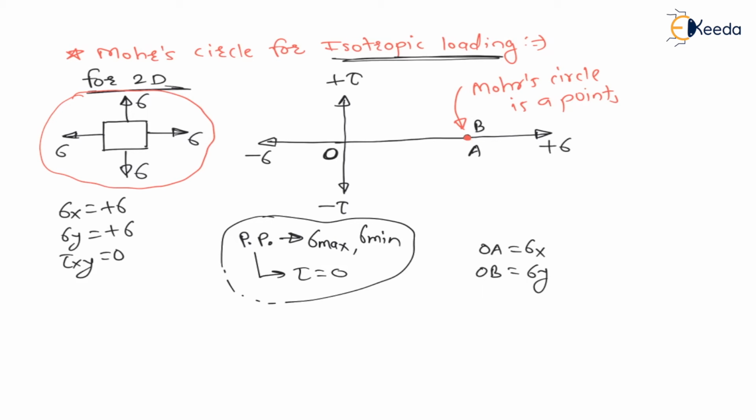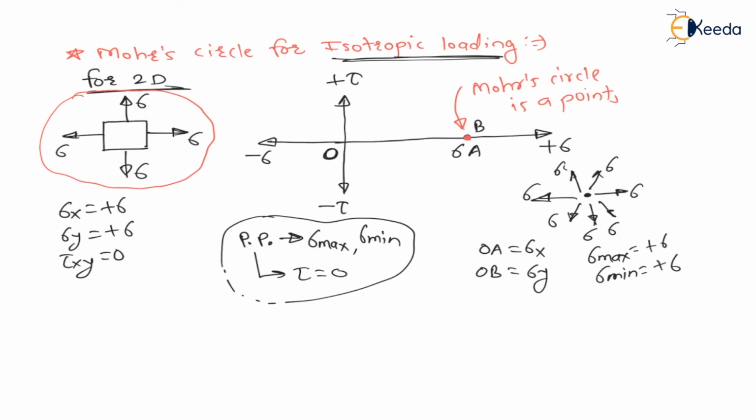Now consider Mohr's circle. Along any direction, the normal stress is always sigma only, because the O to A distance is sigma. Normal stress is maximum, that is plus sigma, as well as normal stress is minimum, which is nothing but plus sigma. Both are the same, right?